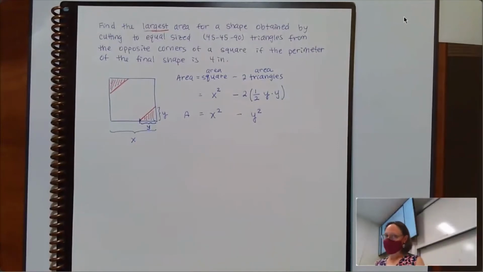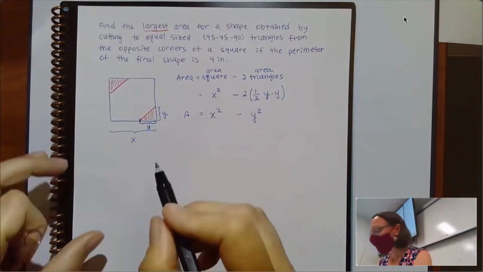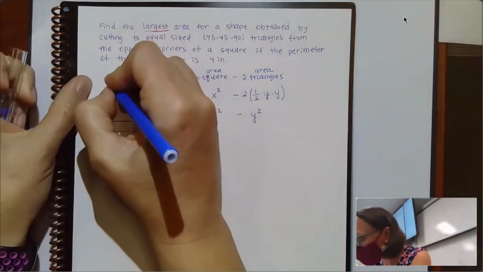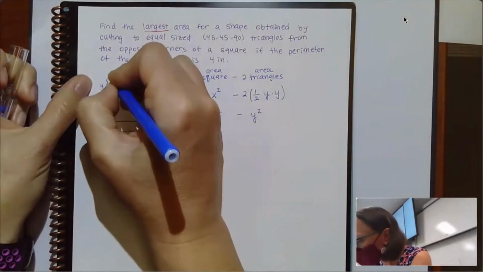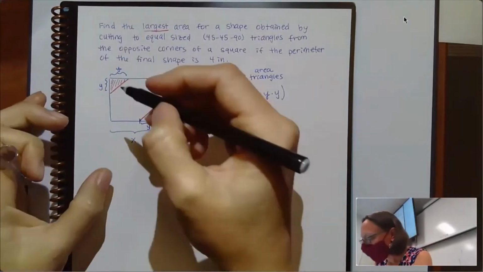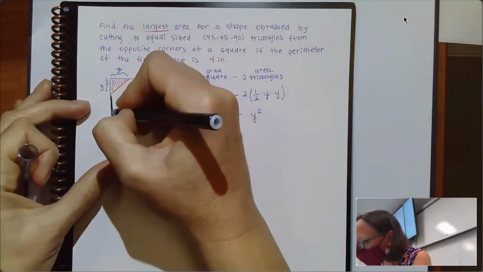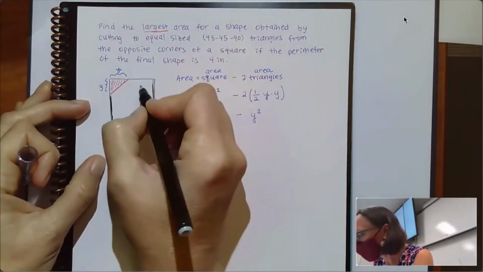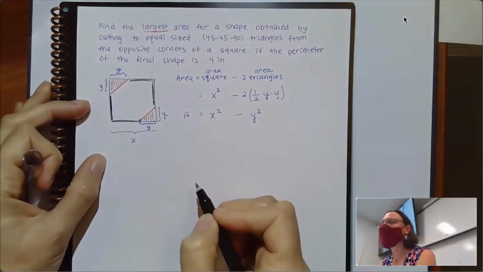Good times. So if I'm thinking about this shape, we've cut the same size corners off here. So this side and this side and this side and this side should all be the same.